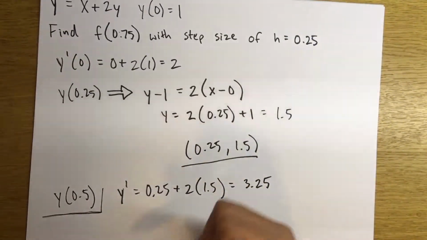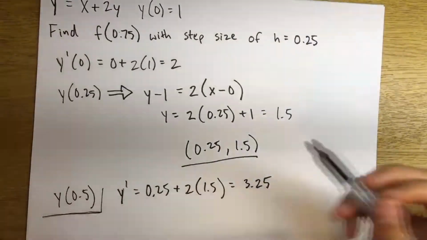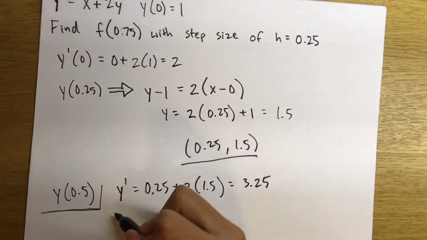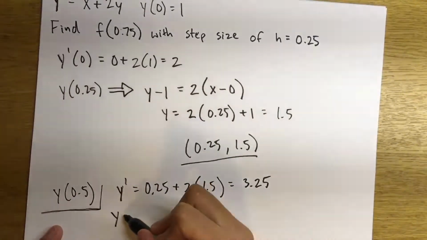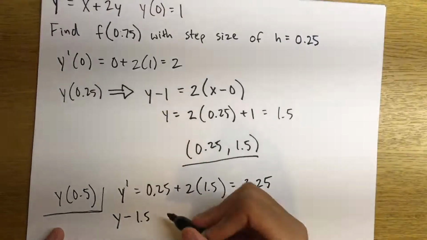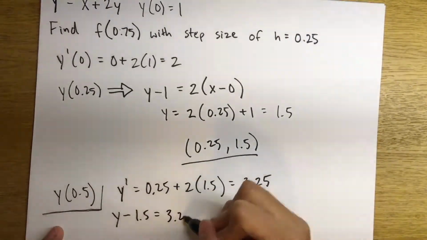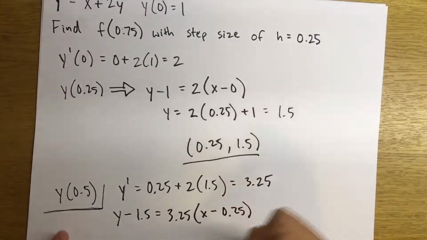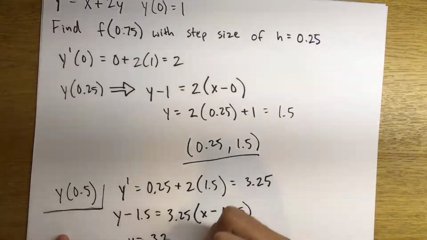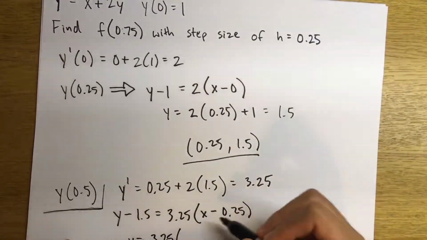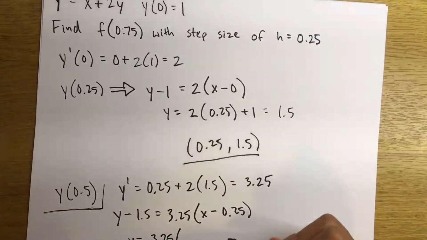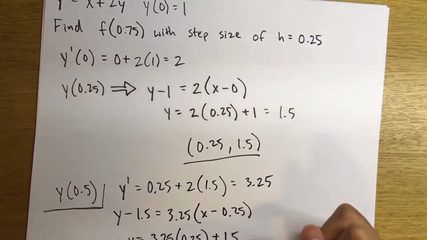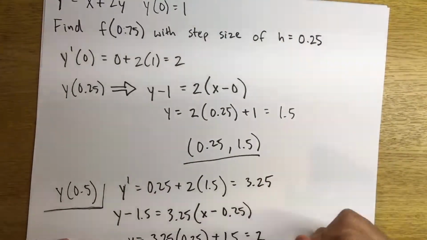So we do the previous step's values, so y minus 1.5 equals 3.25, which was the found slope, times x minus 0.25, which we can reformat as y equals 3.25 times x minus 0.25, plus 1.5. And if you plug in x of 0.5 right here, we'll get 0.5 minus 0.25, which equals 0.25 again, plus 1.5, which equals 2.3125.